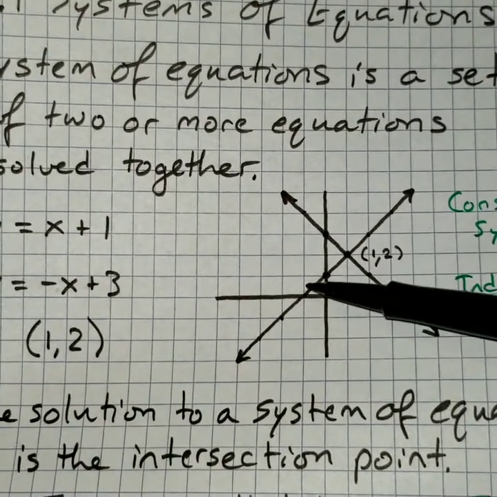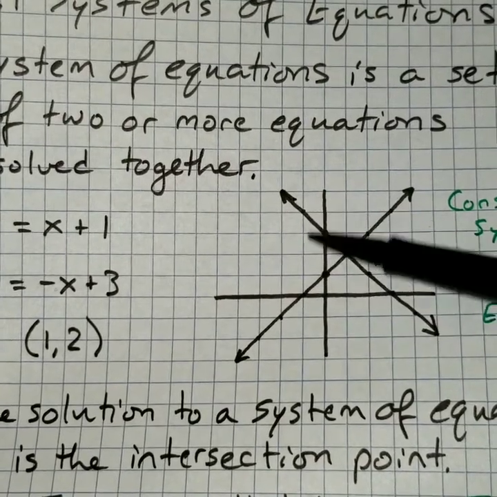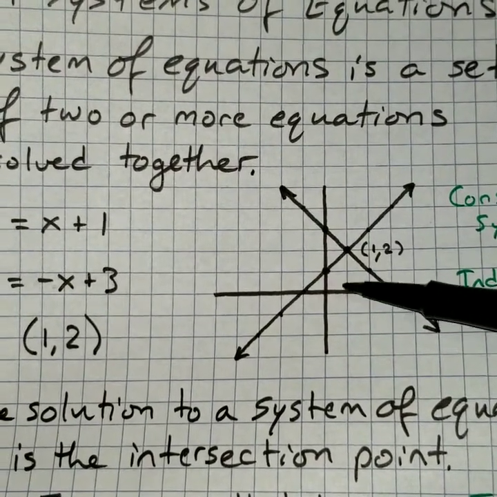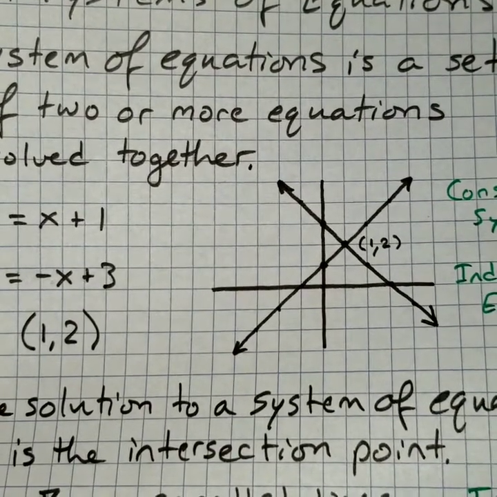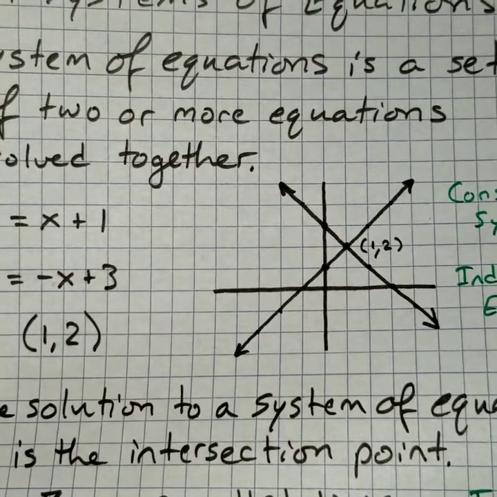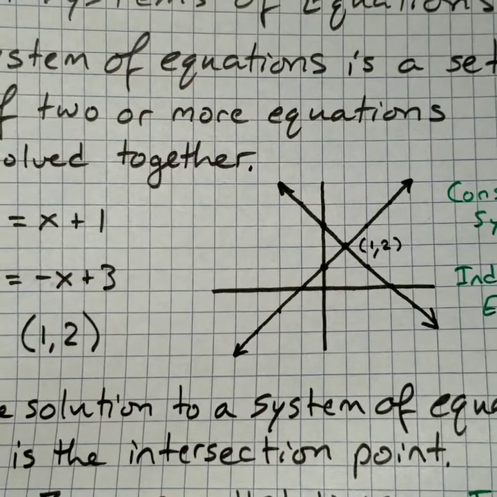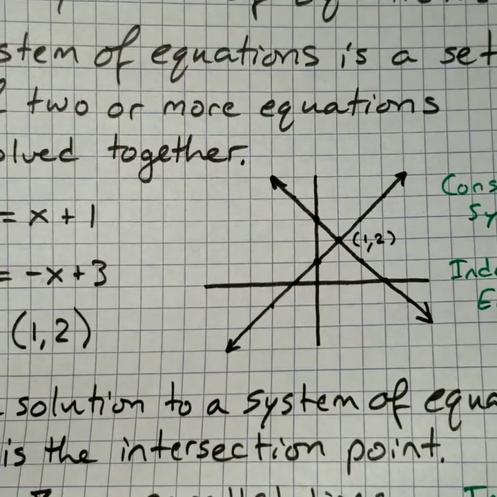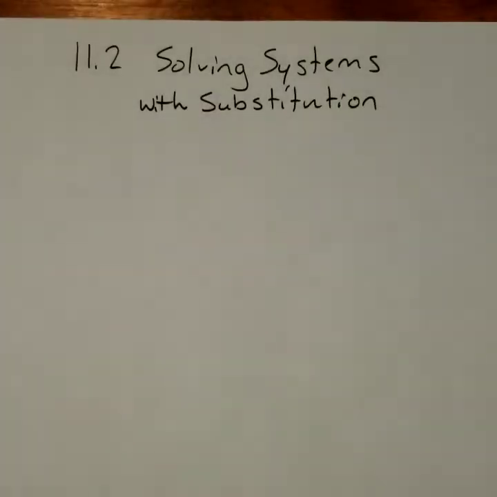At every other point, the y values will be different for the same x value, but at that point, the same x value gives you the same y value. And so if x's are equal and y's are equal, they can be substituted in for each other. You can always substitute in equations things that are equal to other things. That's the theory behind what we're doing here.